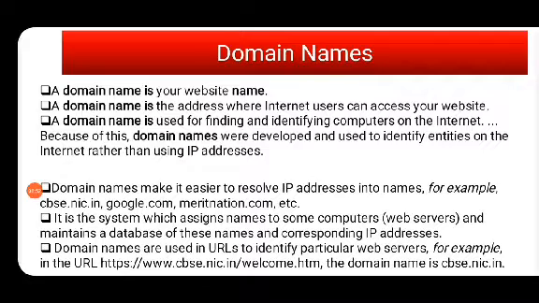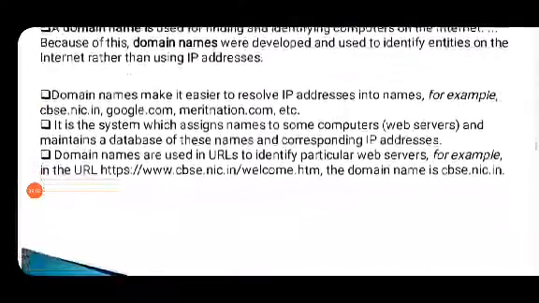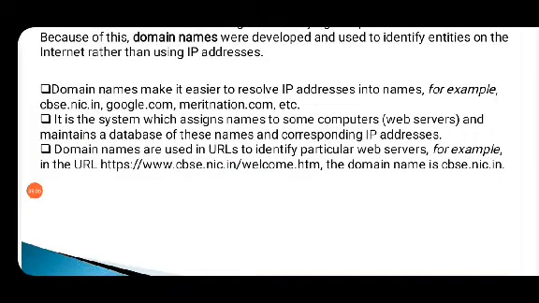So other than an IP address, we have a domain name to identify a particular website or device. A domain name makes it easier to resolve IP addresses into names, because it is not possible to remember numbers like 1.6.160.192, but it is better to understand and learn names. So just mapping IP addresses to names is a domain name.